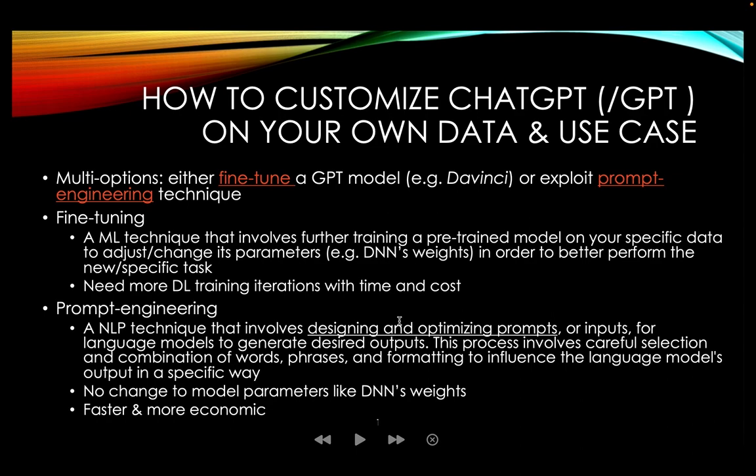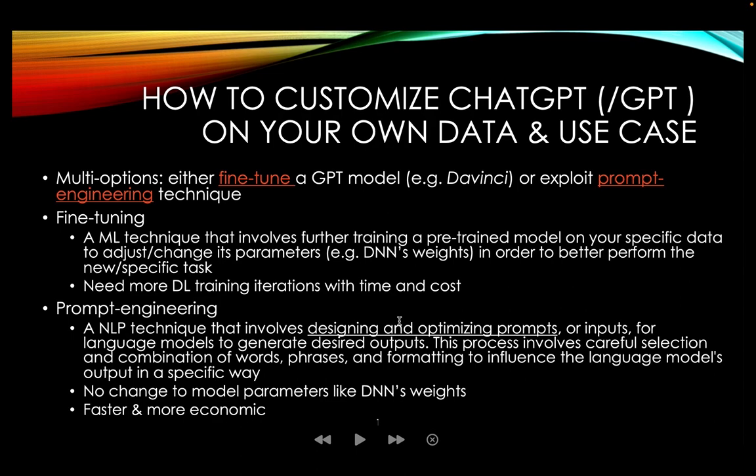Just a quick review of what we did previously. In my last session, I introduced multiple options to customize a GPT model. Either we can use fine-tuning or prompt engineering. Fine-tuning means you have to retrain a pre-trained GPT model.